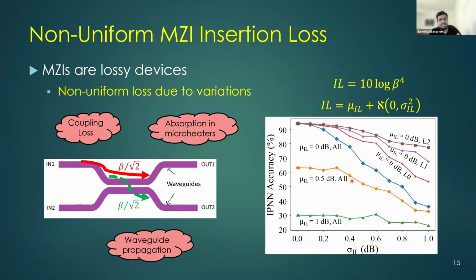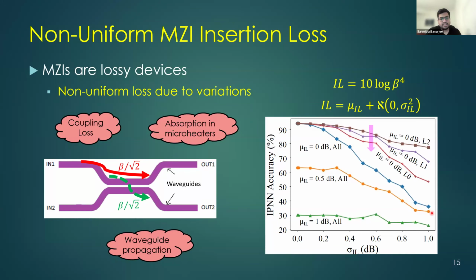The x-axis is sigma IL, which is the spread, the standard deviation. The y-axis is again the inferencing accuracy. For all of these four lines, the average background loss is 0. But as the spread increases, our inferencing accuracy goes down quite significantly. So this non-uniformity in the insertion loss is also quite catastrophic while inferencing.